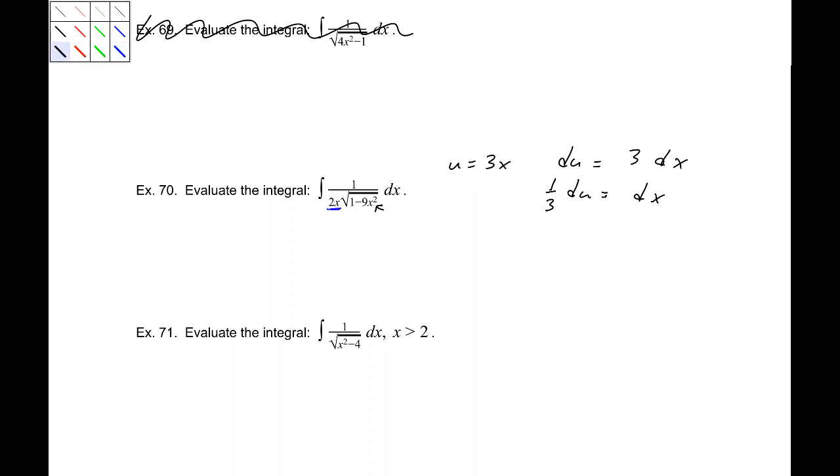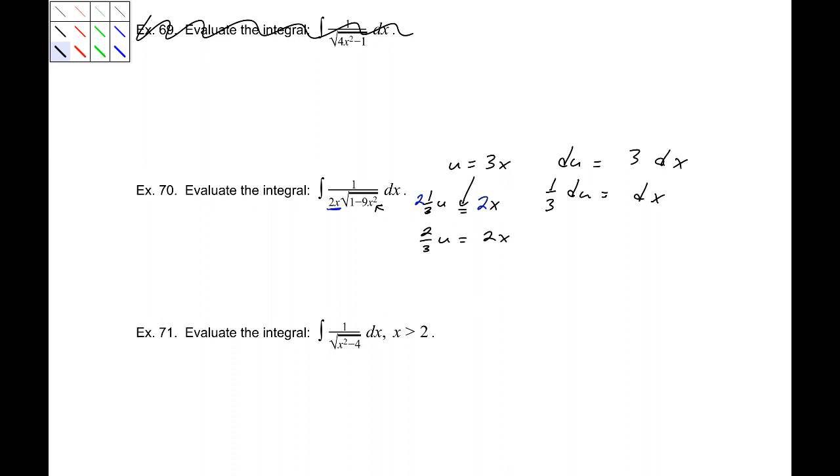So we're going to take this 3x term and multiply it by something to make it equal to 2x. I'm going to divide by 3 first, so 1/3 u equals x, and then multiply by 2, which means 2/3 u equals 2x.